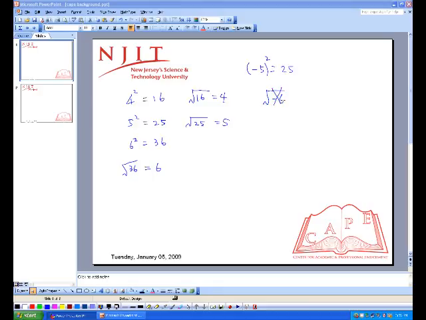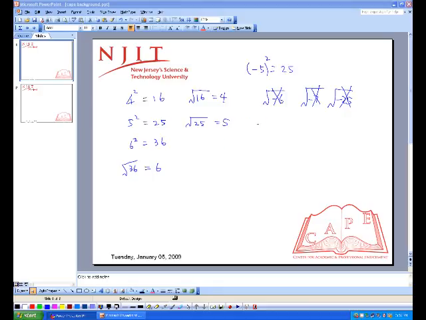Okay? So that means when you have a square root, you cannot have a square root of a negative number. Like negative 7, that doesn't exist. Negative 25, that still doesn't exist. Okay?